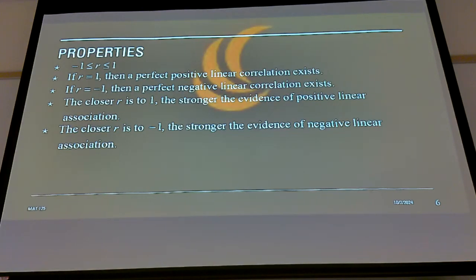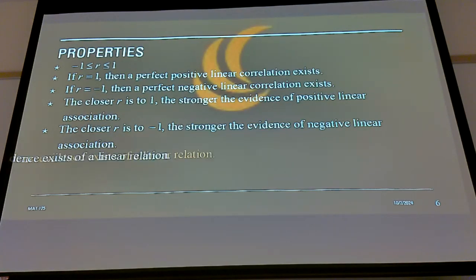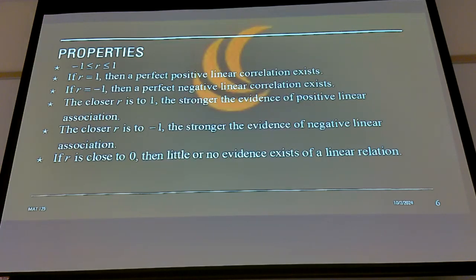So if R is 0, what do you think? There wouldn't be any evidence to suggest a linear correlation whatsoever. Right, so the closer you get to 0, the weaker the evidence, specifically speaking. If you're really close to 0, you can't assume that there's linear correlation.